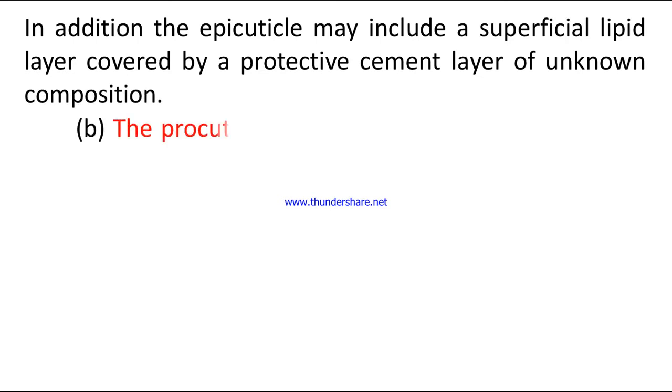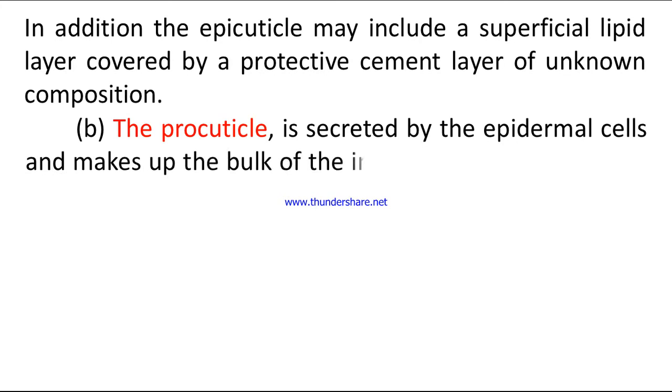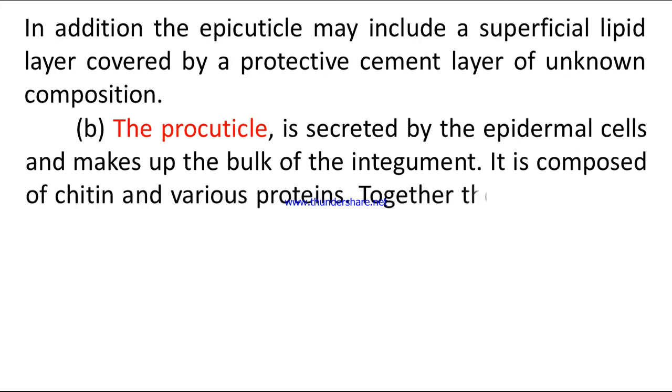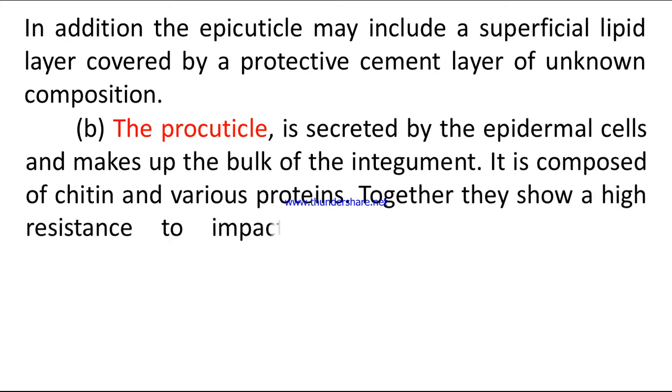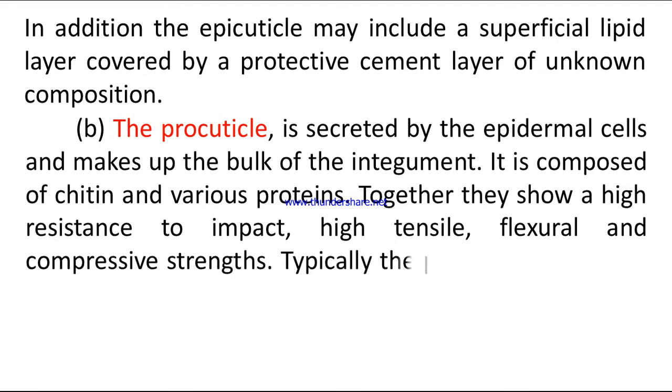Number B. The procuticle is secreted by the epidermal cells and makes up the bulk of the integument. It is composed of chitin and various proteins. Together, they show a high resistance to impact, high tensile, flexural, and compressive strengths.